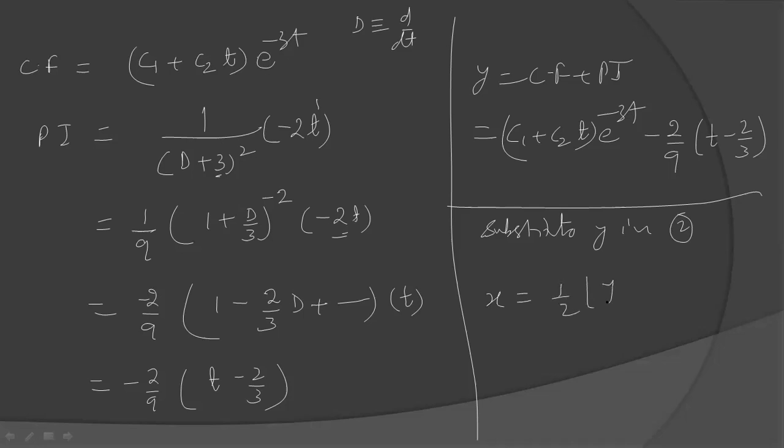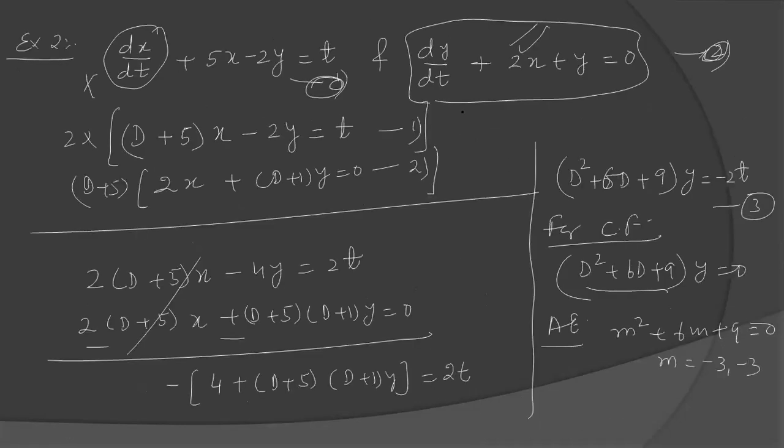It will be 1 by 2 y minus dy by dt, and your x is now c1 minus 1 by 2 c2 plus c2 t e to the power minus 3t plus t by 9 plus 1 by 27.